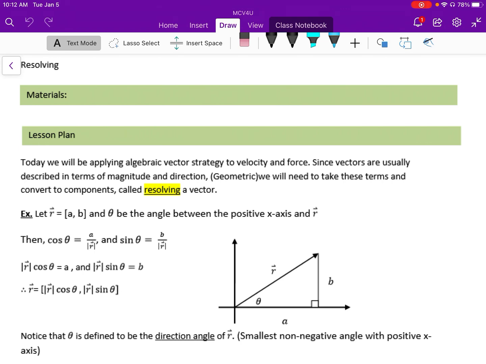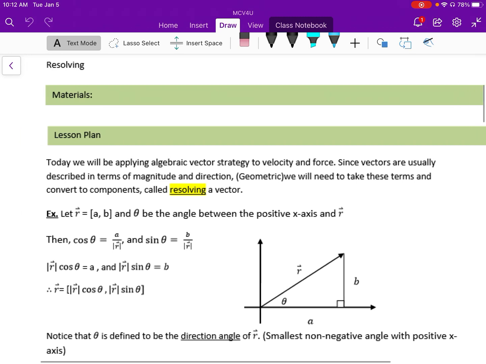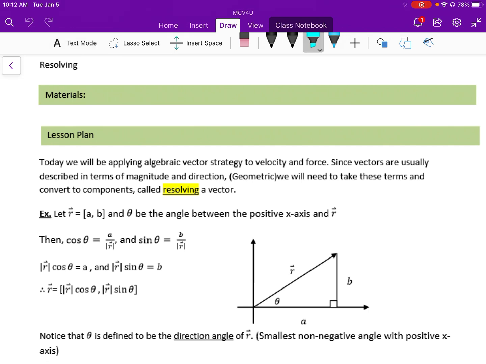First of all, we have this vector r, and we're going to say it has the components A and B. It makes a certain angle theta with the positive x-axis. When you look at the diagram, you can see that we've set up a right triangle.